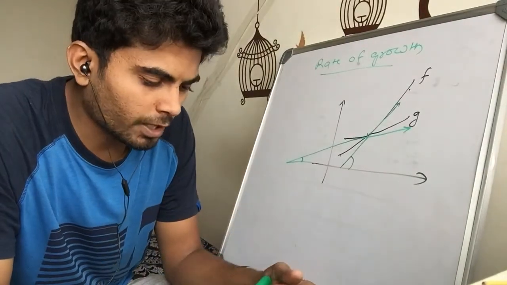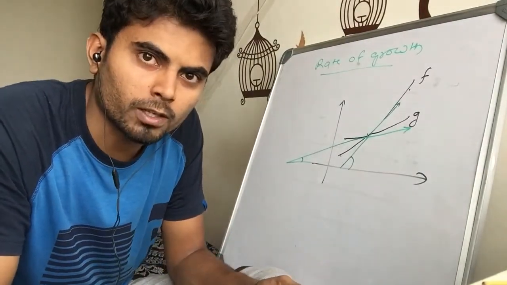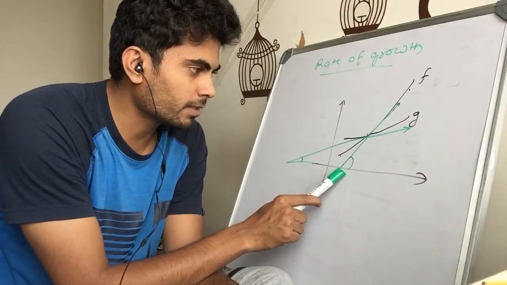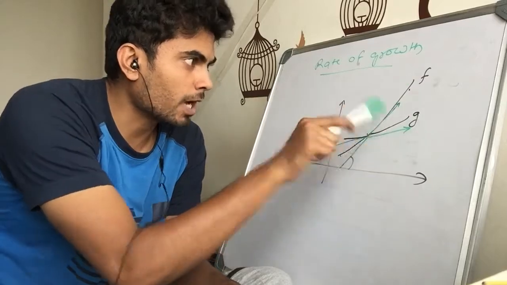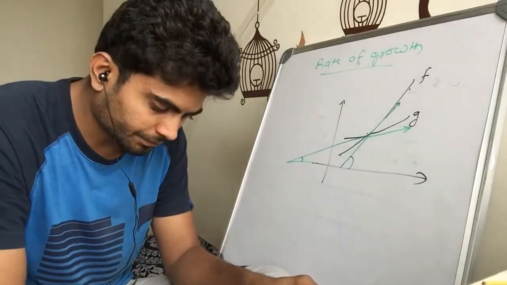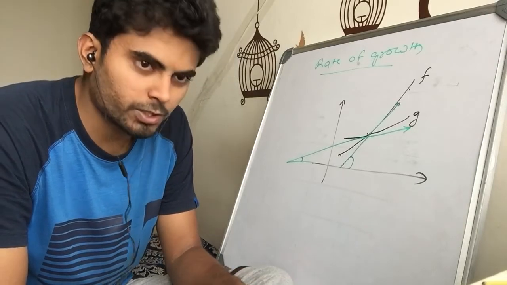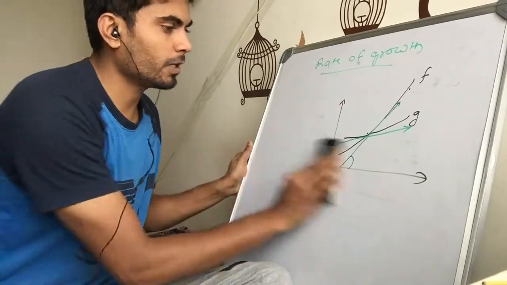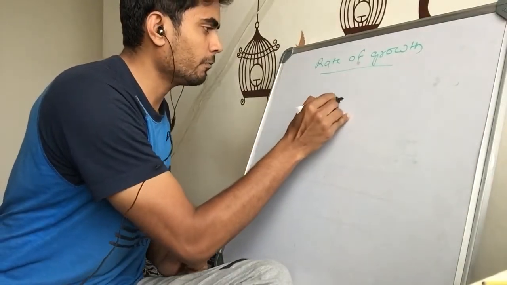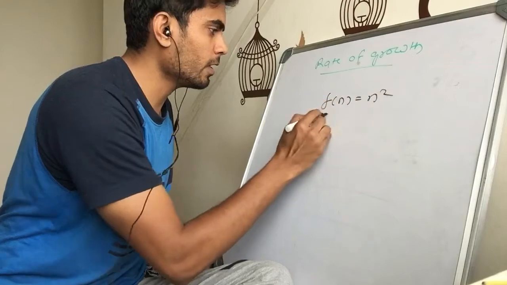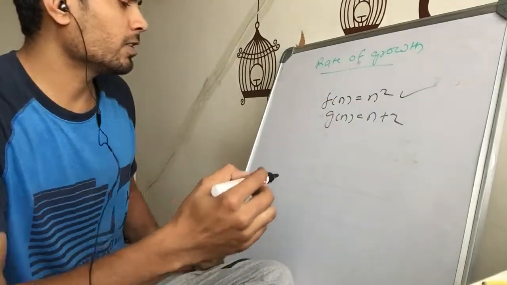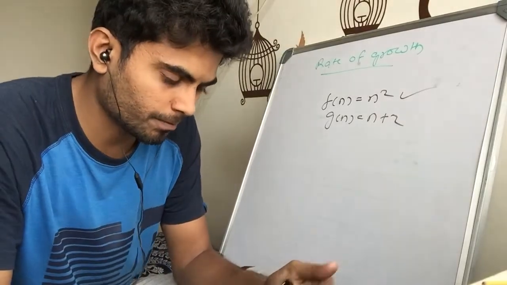So we are actually talking about the growth rate of the functions. Here the growth rate, or the angle with the x-axis, of function f is higher than the growth rate of g. So now you understand what the growth rate is. Between f(n) equals n square and n plus 2, the first function has the higher growth rate.